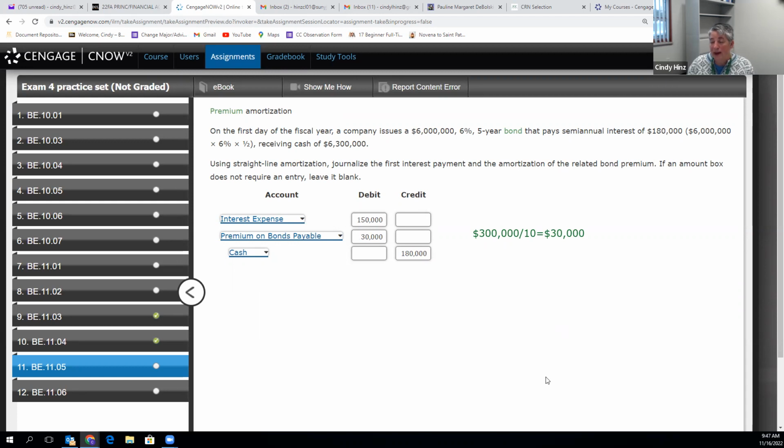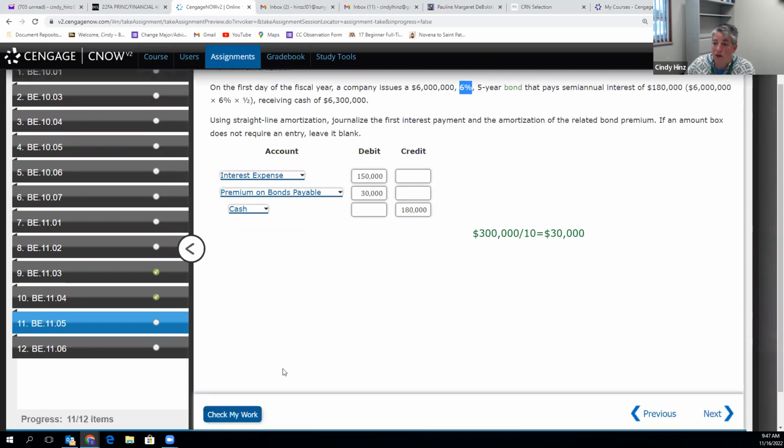In this case, when the bonds are issued at a premium, the interest expense that we report is less than we're actually paying, because our effective interest rate is lower than our stated interest rate. We agreed to pay 6%, but the market doesn't require 6% for a bond with a risk like ours. And so the interest expense that we report on our income statement looks lower, or is lower, than the actual cash flow.